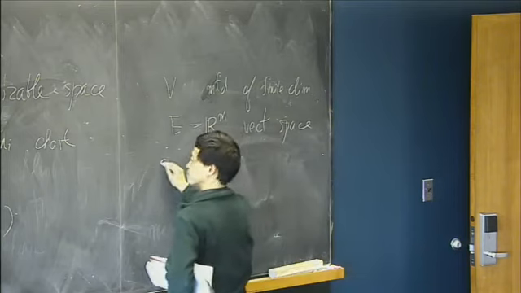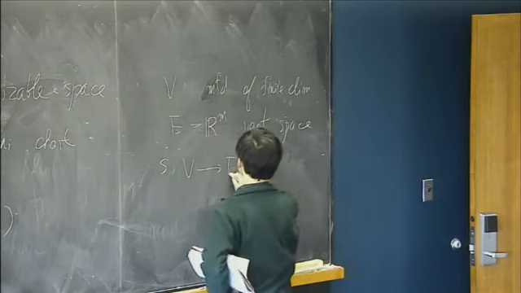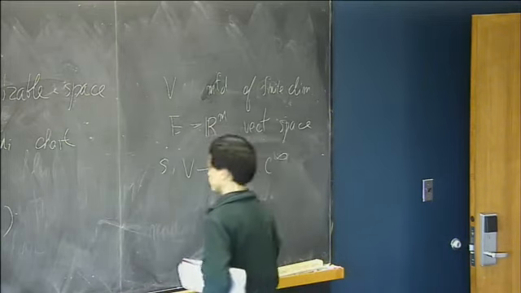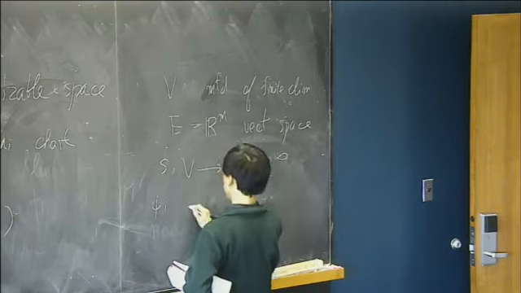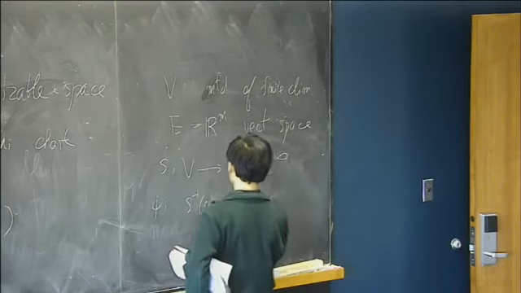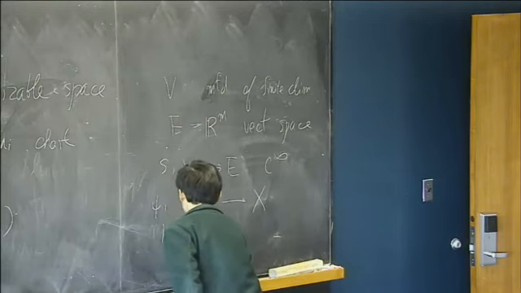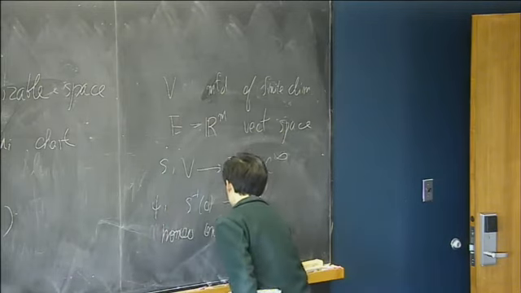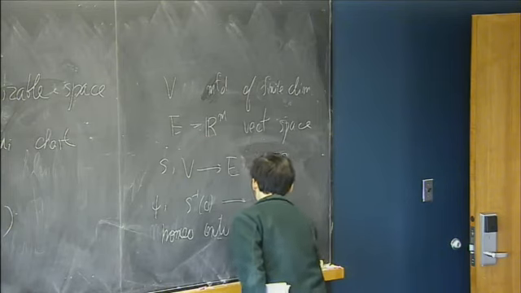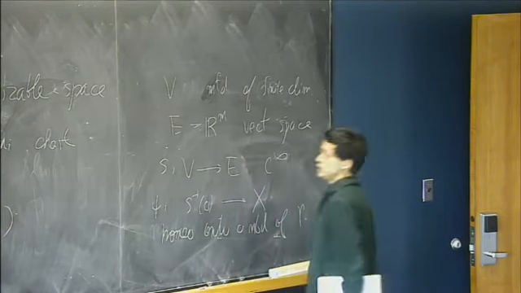And S is a smooth map. And C is a map from the zero set of S to X, which is a homeomorphism onto a neighborhood of P.